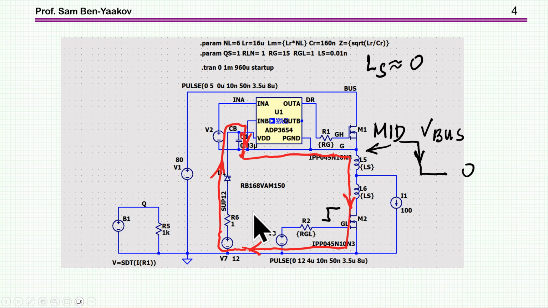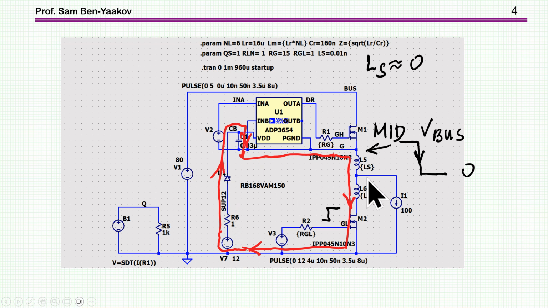So how does it work? When the midpoint goes down, this transistor is on, this one is off, of course, to avoid the shoot through. Then we have a loop here, which is closed now. We have the power supply, 12 volt, diode, which is conducting and charging this capacitor, which is now connected to ground. So this is the charging phase of this capacitor.